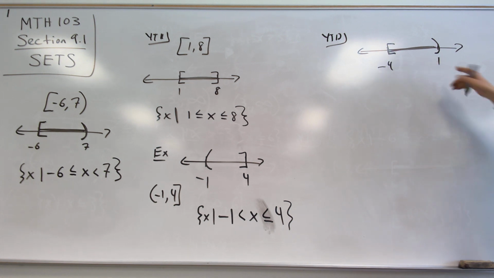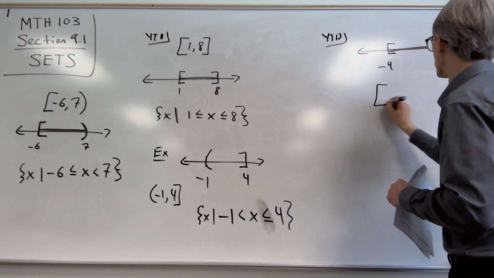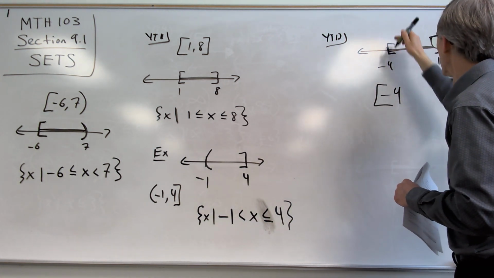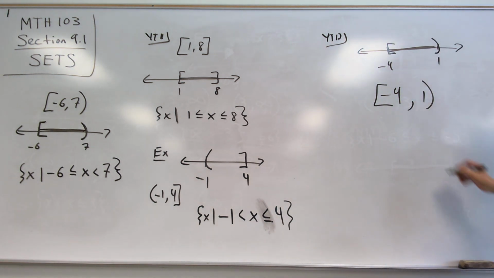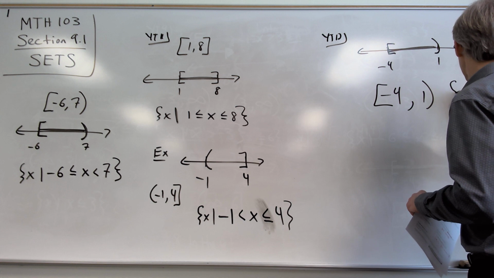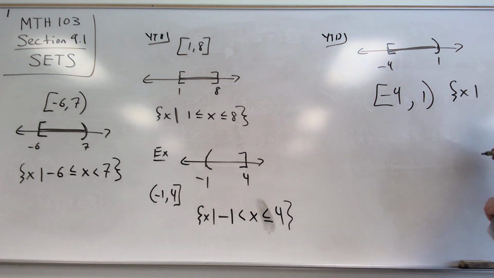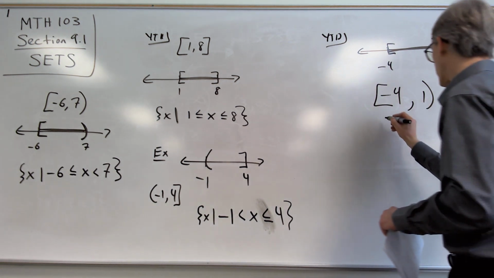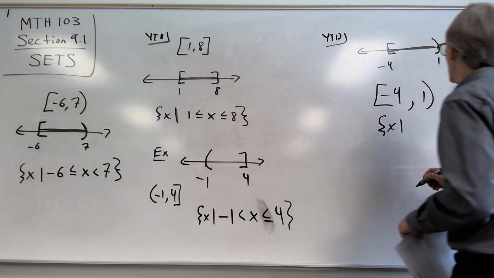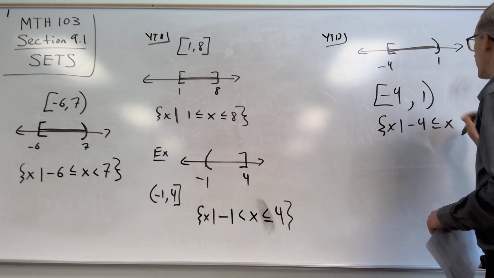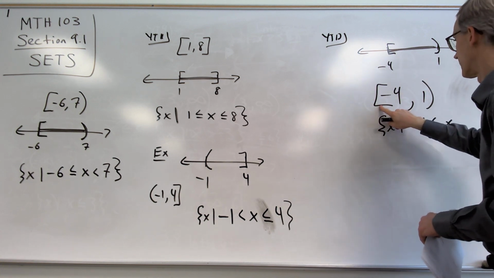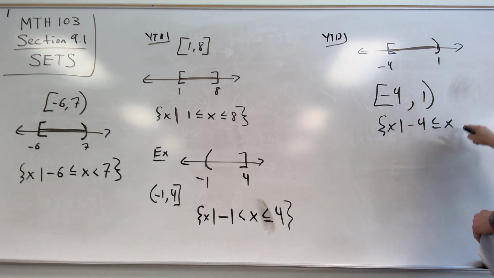We got endpoints at -4 and 1, so interval notation looks just like that. Same symbols, bracket on the left, parenthesis on the right. And then set builder, we have a compound inequality, -4 less than or equal to x, corresponds with the bracket, and then strictly less than with a parenthesis, and then 1.